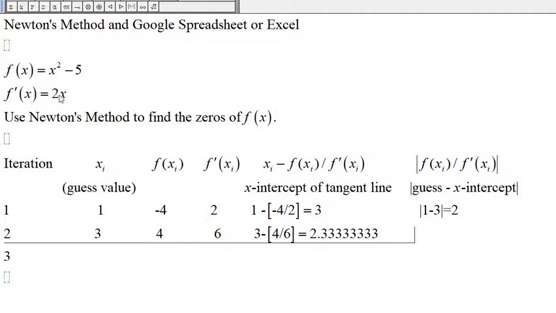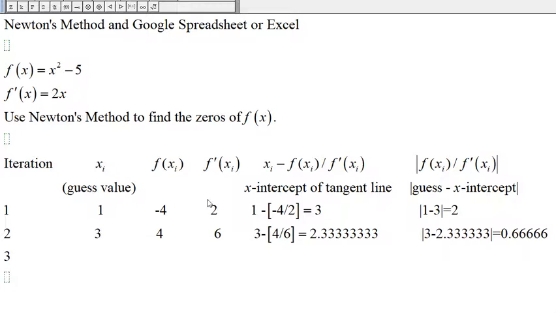Next, we find the difference between the guess and the x-intercept of the second tangent line: the absolute value of 3 minus 2.333, which is about 0.666. Again, the difference is too large, so we go to iteration number 3.